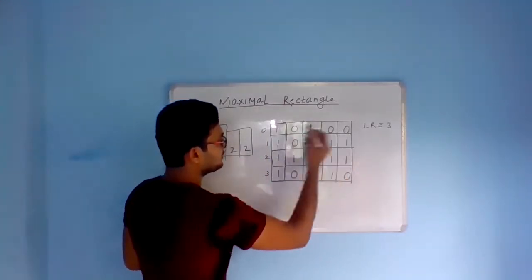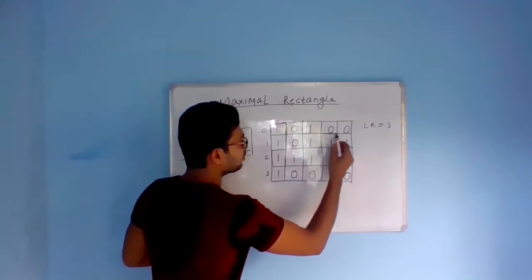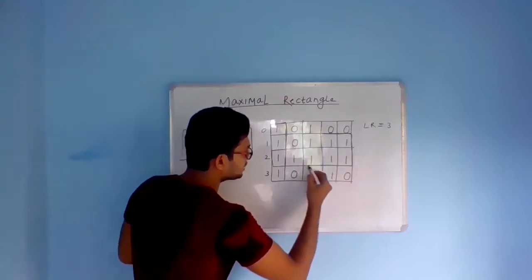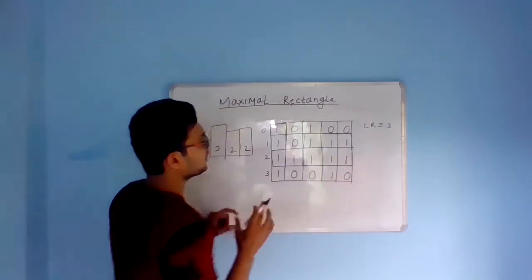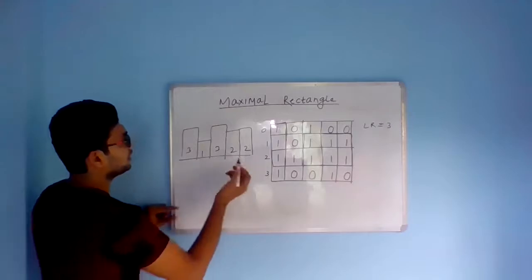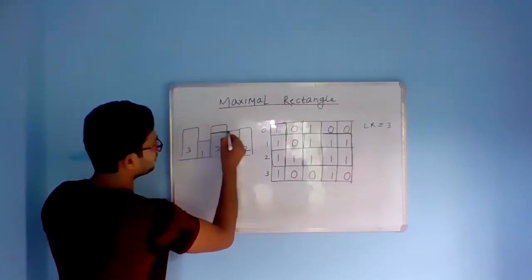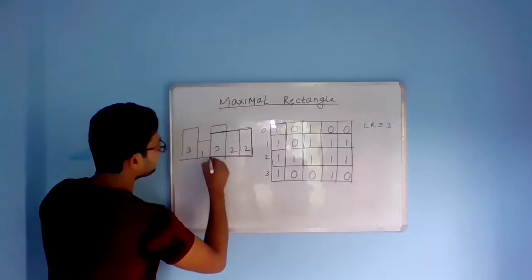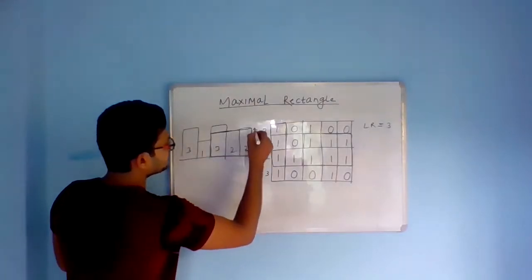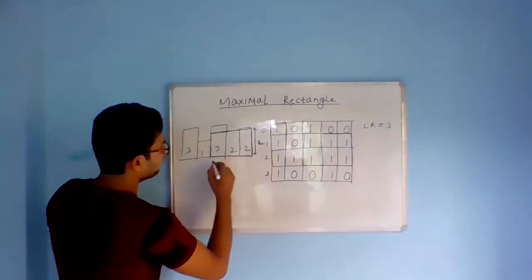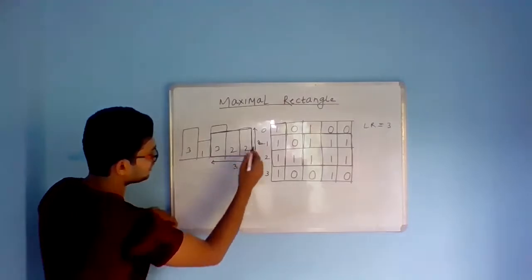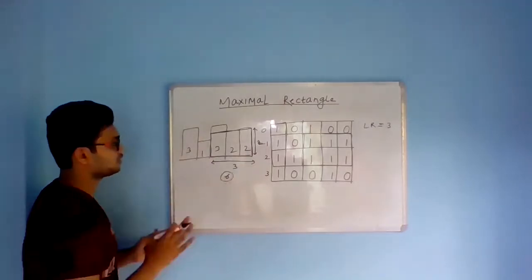In this big submatrix, you can clearly notice that this rectangle has the biggest area, because if we extend this height to here, it has a height of 2 and a width of 3, so the area will be 6, which is the largest one.